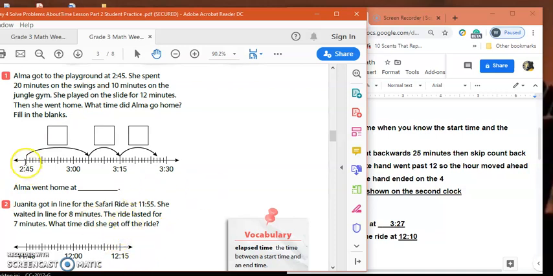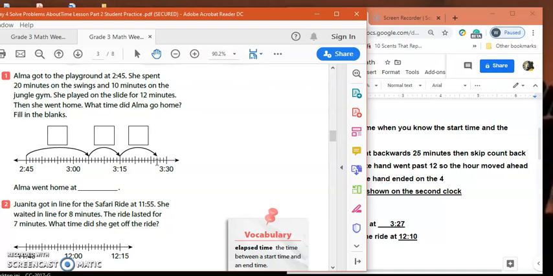So, from 2:45, she spent 20 minutes. So here's 5 minutes. Let's make believe this is a clock. 10 minutes, 15 minutes, 20 minutes, and then she spent 10 minutes on the jungle gym, 5 minutes, 10 minutes is 3:15, and then she played on the slide for 12 minutes. So here we go. 5, 10, now we have to count those little single ones, 11, 12.